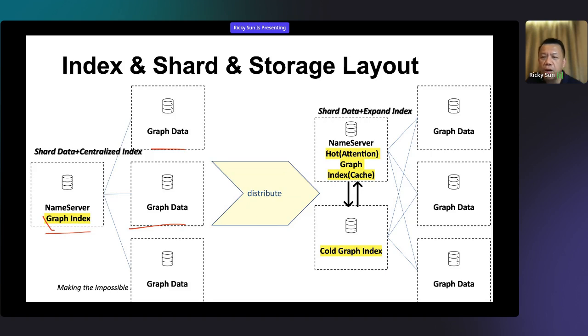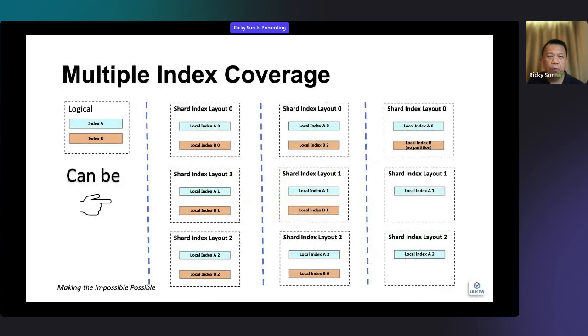The name server contains the hot graph index, where the focus and attention is, and also caching data, and there are cold graph indexes. That's a certain level of distribution. Look at the linkage between all of these. This kind of setup can be more sophisticated, right?